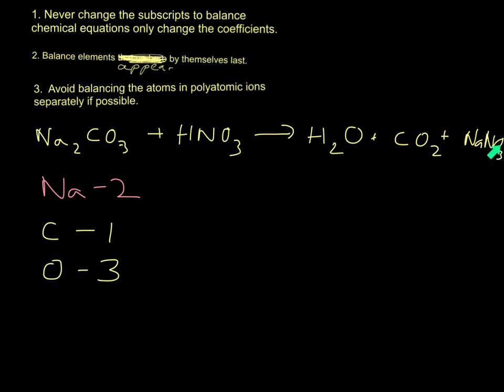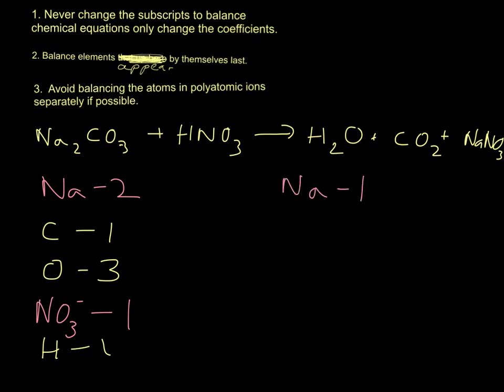Since I have nitrate on both sides of my equation, I'm going to attempt to balance this equation by treating nitrate as a polyatomic ion, or by treating nitrate as a single unit. So I'm going to call my oxygen count 3, and then I'm going to say I have 1 nitrate. And then I still have to account for my hydrogen, so I have 1 hydrogen.